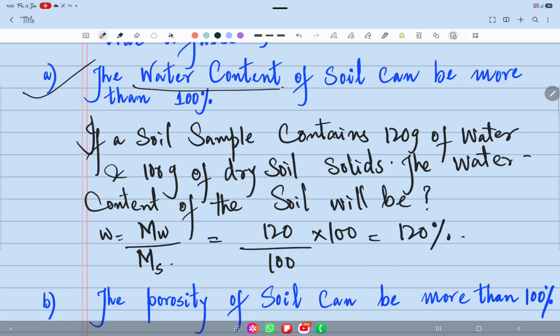It is 120%. So we just studied by means of a numerical that it's absolutely true that in certain cases the water content of soil can be more than 100%, and this generally happens in highly compressible fine-grained soils such as soft clays, organic soils and peat.